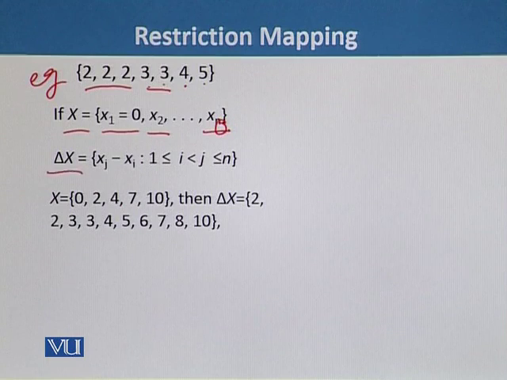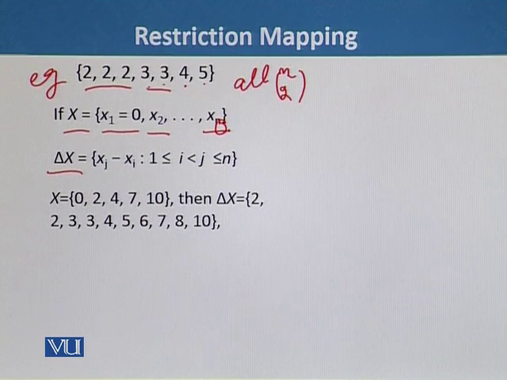Then delta X denotes the multiset of all n choose 2 pairwise distances between points in X. So this n choose 2 means the number of distinct subsets of size k.